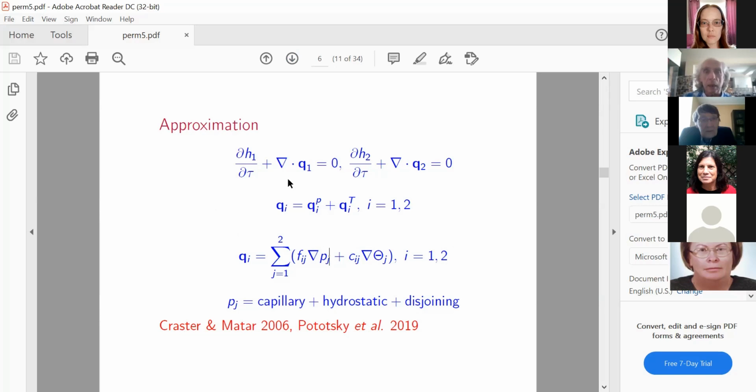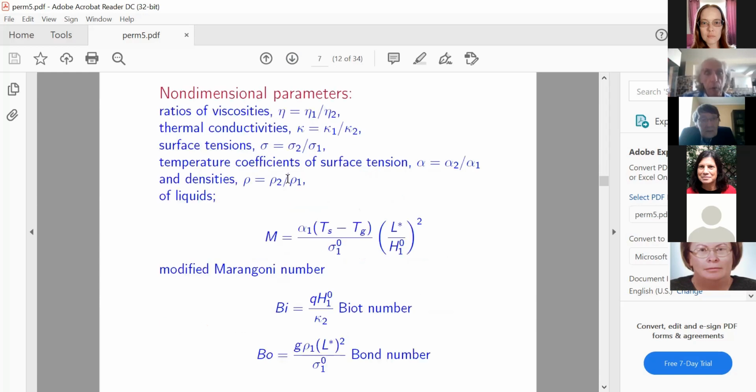Before writing the equations, I would like to mention the Marangoni number and the non-dimensional parameters of the problem. We disregard the gas phase and consider the heat conditions on that interface by means of a phenomenological Biot number. Other parameters of this problem are ratios of physical parameters of the systems.